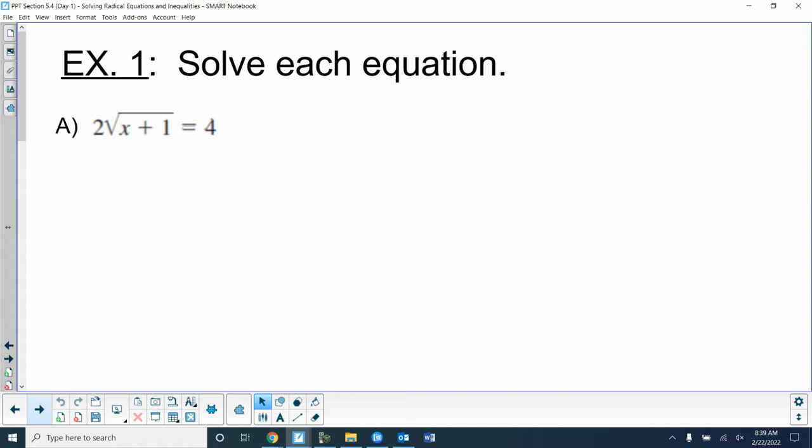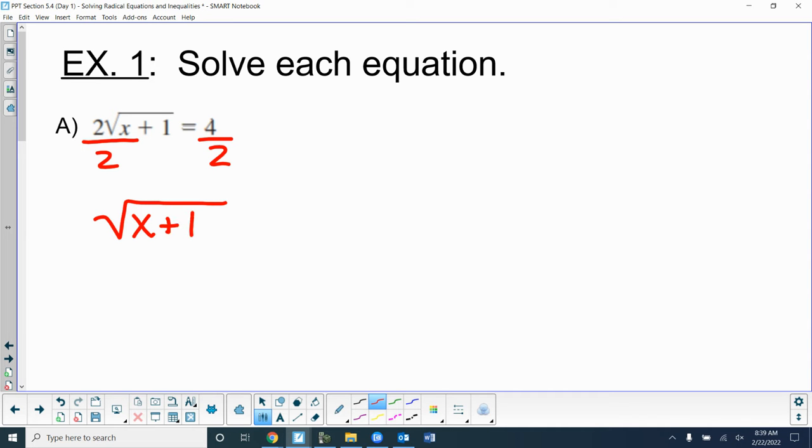No, not subtract. Divide, right? This means 2 times the square root of x plus 1. So to move the 2, I have to divide both sides by 2. So the left side is nothing but the radical. That's what I want. Okay?